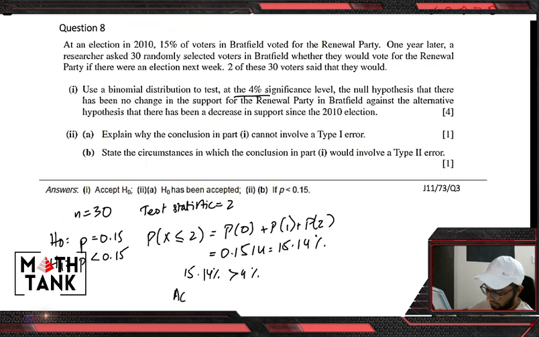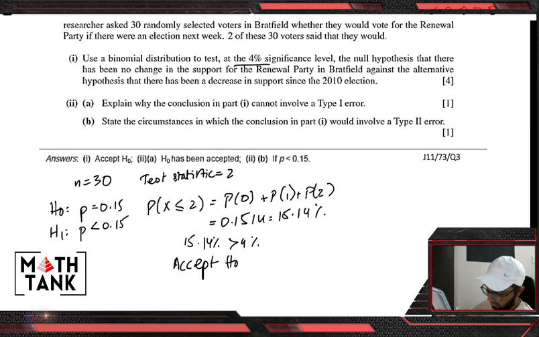So you accept H naught and you conclude there is not enough evidence to say that popularity has decreased.